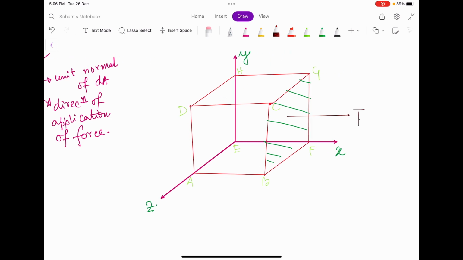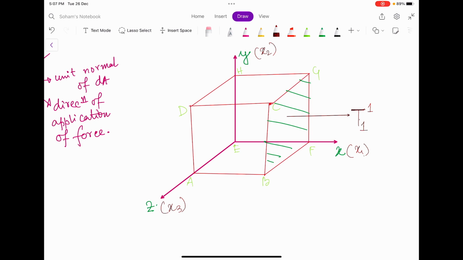So in terms of traction vector, this x I can write as x1, y I can write as x2, and z I can write as x3. So this will be t1, because the unit normal of the surface BFGC is along x1, and the direction of the force is also 1.